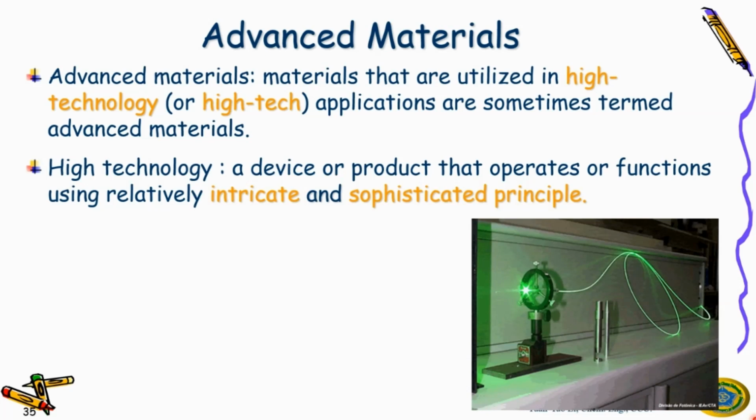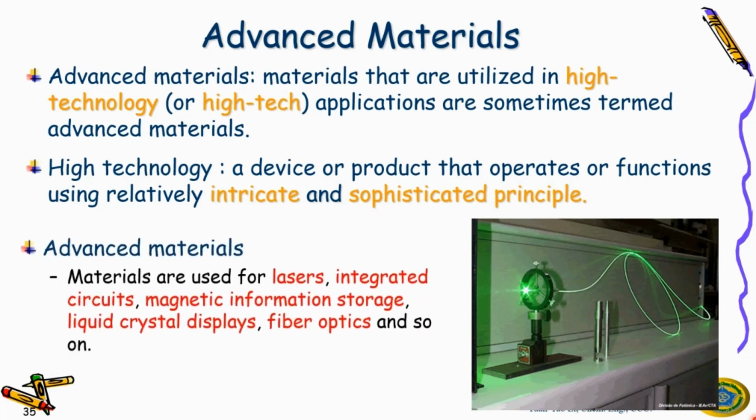So if you use this material or device with the principle of quantum mechanics, you can regard it as high tech, right? But if you use it according to Newton's principle, well, I'm not sure you can call this high tech or not. So advanced materials are the materials used for lasers, integrated circuits, magnetic information storage, liquid crystal displays, or fiber optics. They all belong to advanced materials.